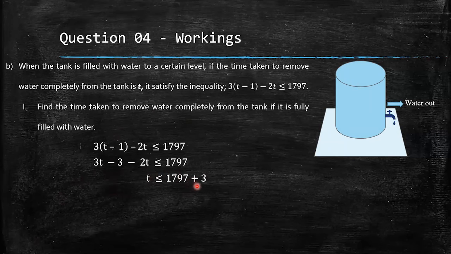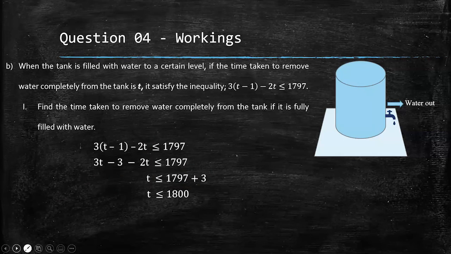So if you put minus 3 to the other side, it becomes a plus 3. So t will be less than or equal to 1797 plus 3, which is t is less than or equal to 1800. So the maximum value of t is 1800.